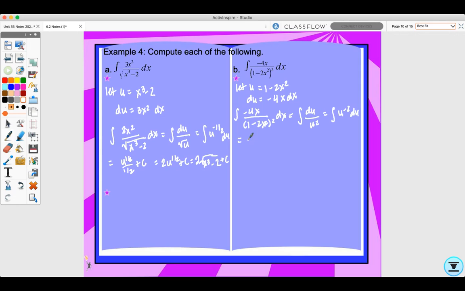Add 1 to the exponent, and I get negative 1 u to the negative 1 plus c. And since we need to replace u, I'd get negative (1 minus 2x squared) to the negative 1 plus c. And we could finish that off and write it as a fraction. So I'd have negative 1 over 1 minus 2x squared plus c.